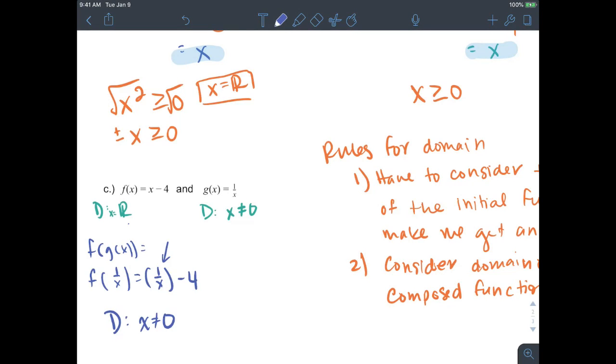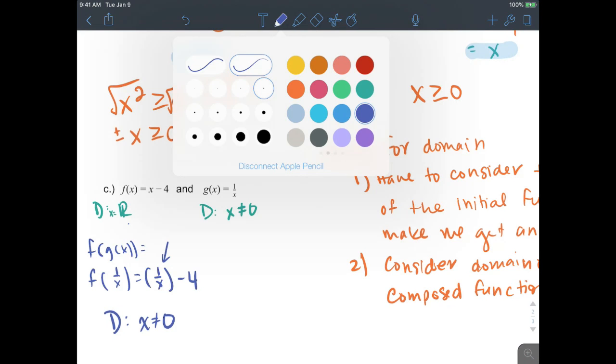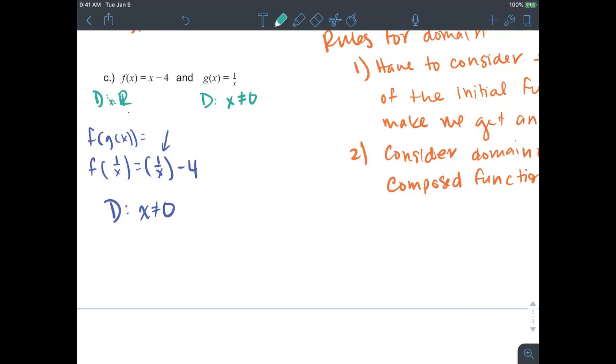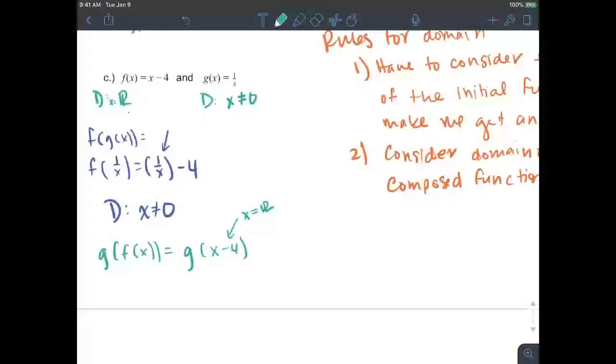Next, we're going to do g of f of x. So g of x minus 4. Are there any domain restrictions here? So x can equal all real numbers, so I'm not concerned because it's always going to give me an output.